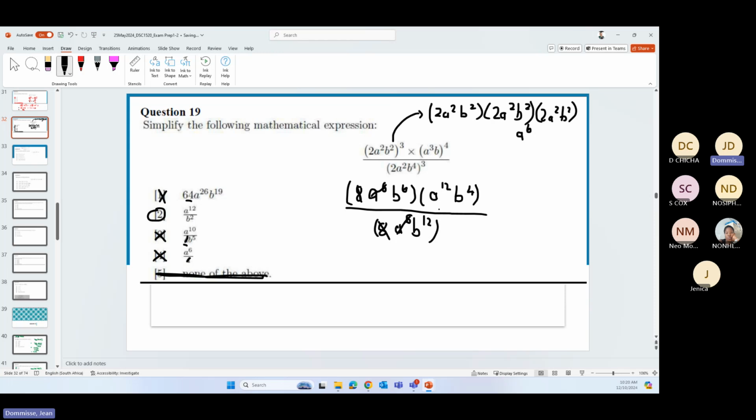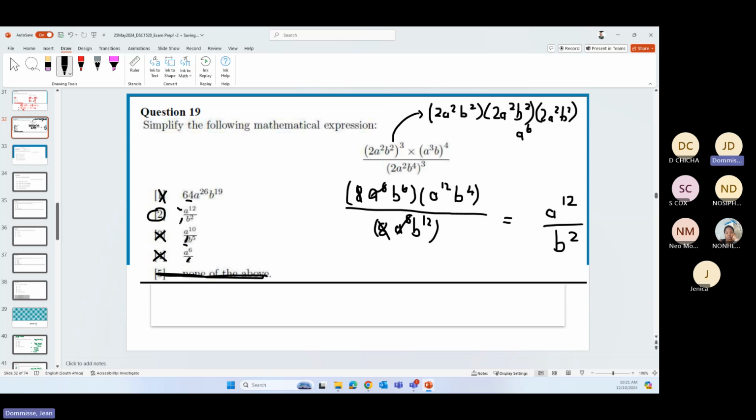So what we are left with for the a's is a to the power of 12. Let's just, okay, that's still true. b6 times b4 is b10 at the top. We've got b12 at the bottom. So if I say 12 minus 10, we sit with b2.